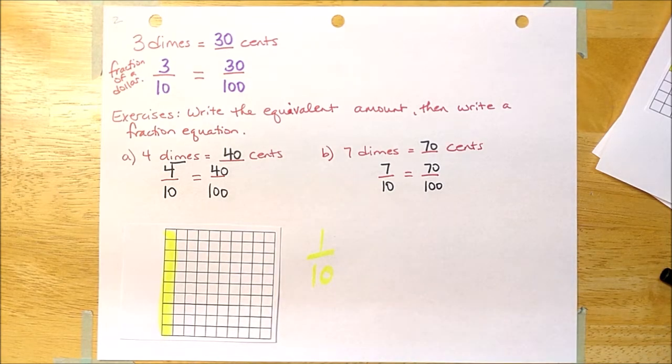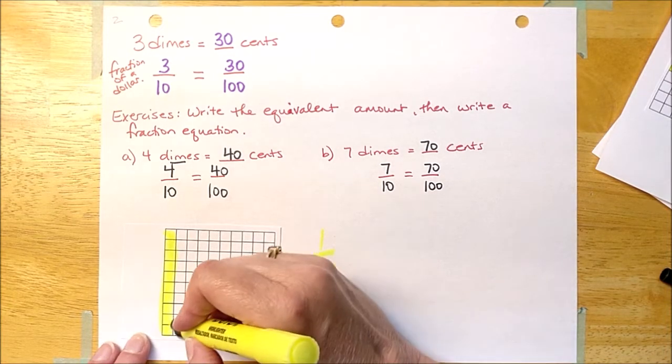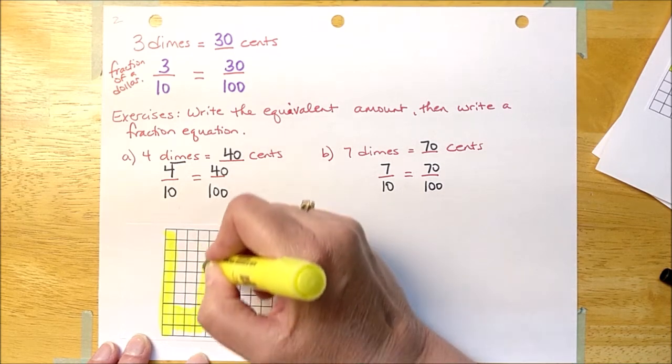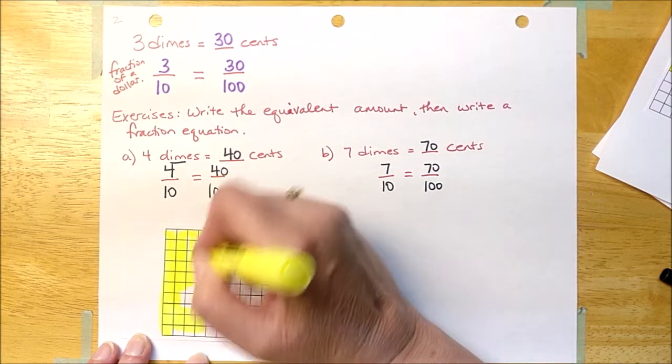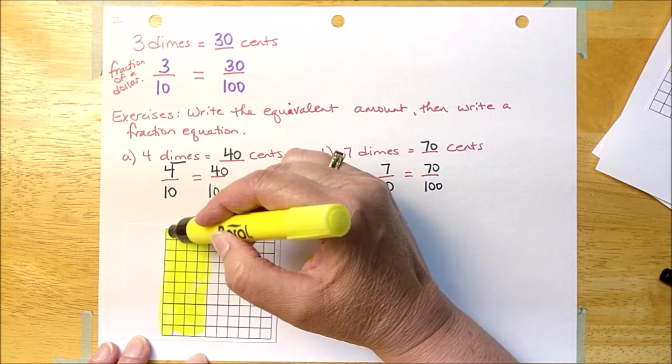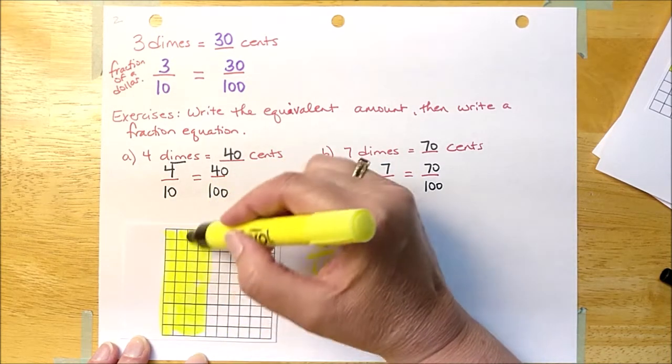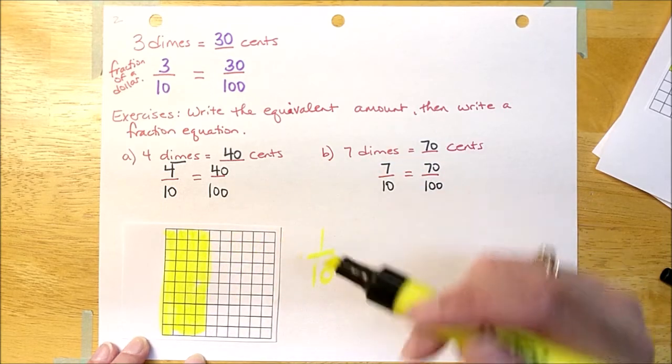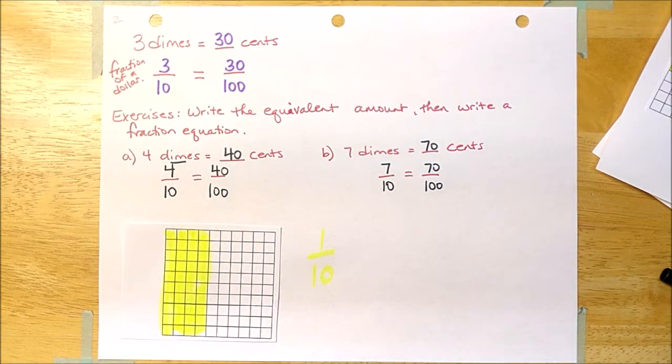So how would I show 4/10 then? You're right, shade in 4 columns, and that would be 4/10. So that would be 1, 2, 3, 4 tens. So how many hundredths have I colored in now?